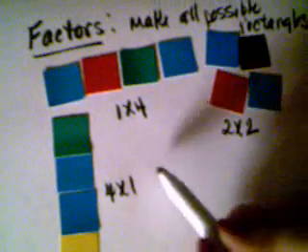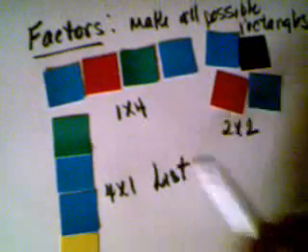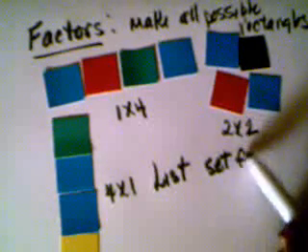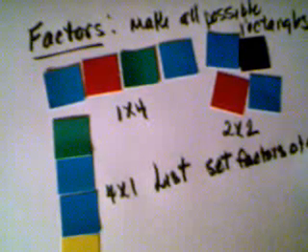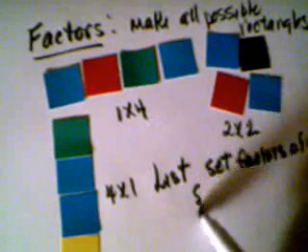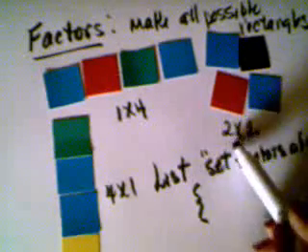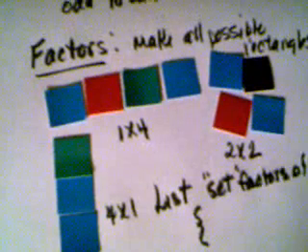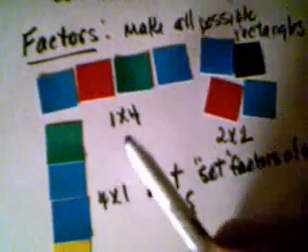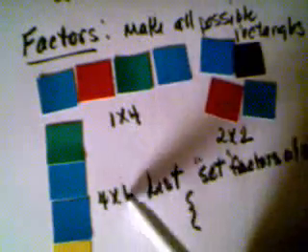If I ask you to list the set of factors of 4, I would want you to use set braces, and I do not duplicate numbers. So I have a 1 by 4 and a 4 by 1.